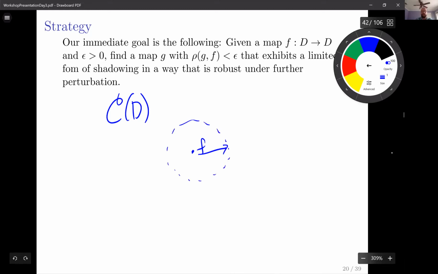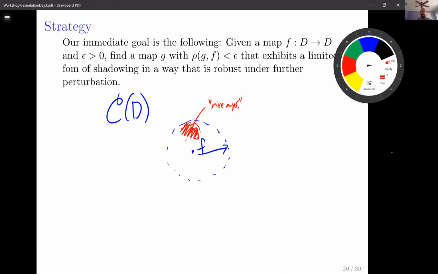Okay. Somewhere in this epsilon ball, we're going to find this thing G, such that under further perturbation, everything in this region, these things are sort of nice maps. These are the maps we want. Those are going to be maps that all exhibit some limited form of shadowing.